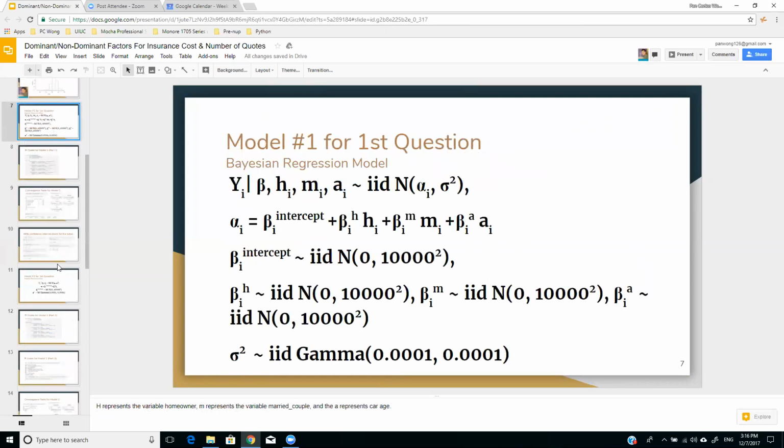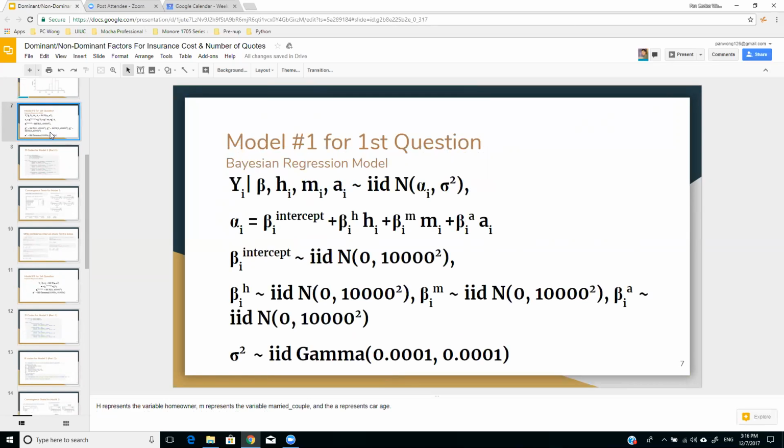Thank you, Sean. So we'll build the first model for the first question, which asks which of the explanatory variables are most explanatory of the cost of insurance. So we built a first Bayesian regression model using only 3 of the variables: the homeowner, the married couple, and the age.